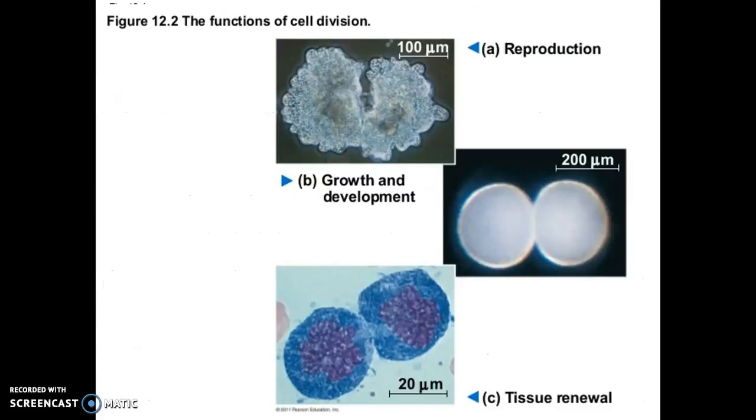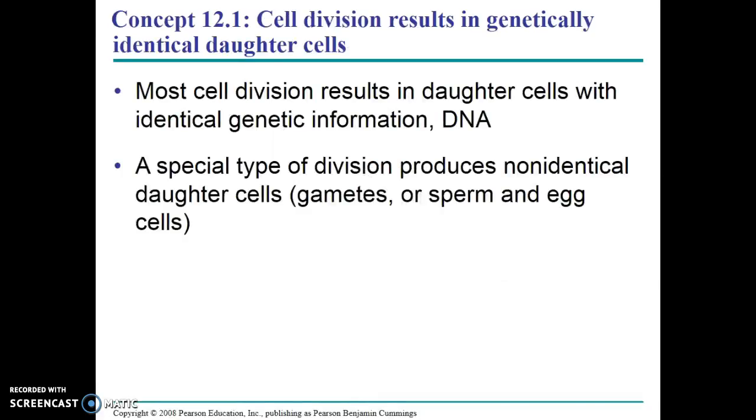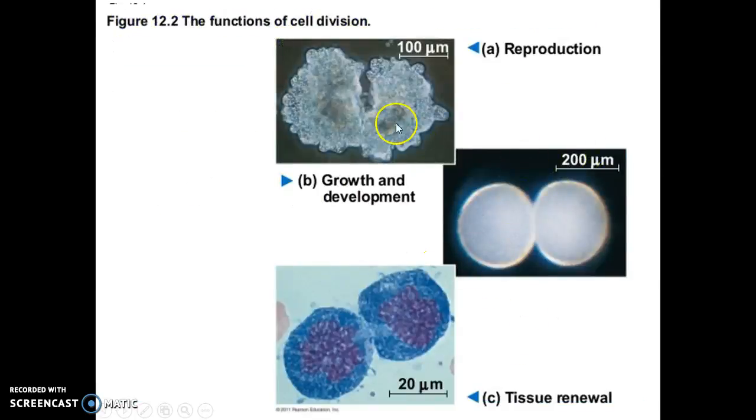Here you can see the cell growth. The cell reproduces first, when the two sex cells combine or fuse, for example the sperm and the ovum, the female egg.